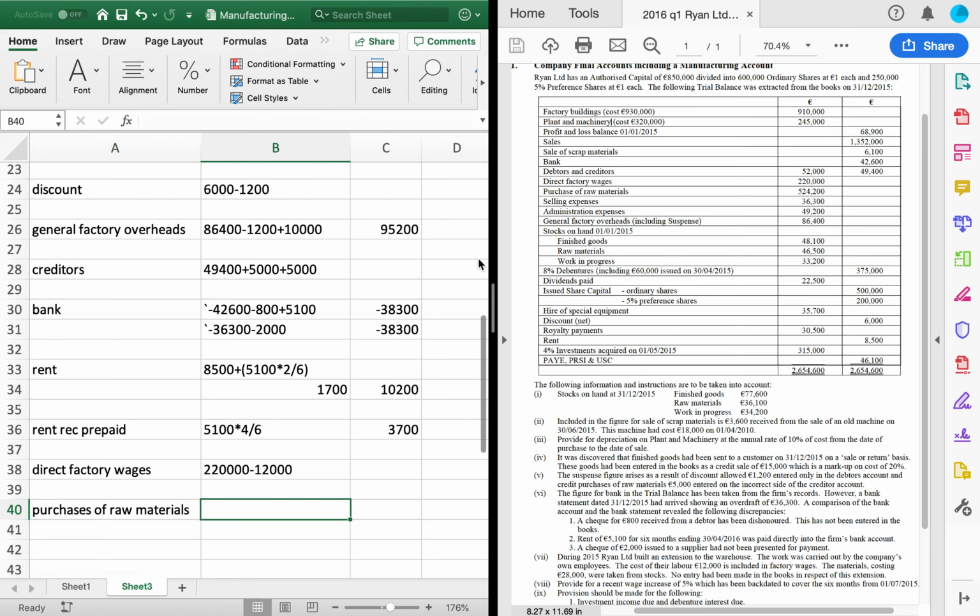So purchases of raw materials starts off at 524,200, and we're going to take out the materials, that 28,000.